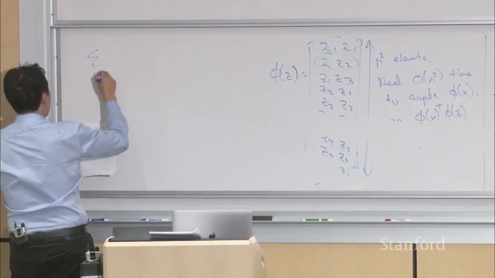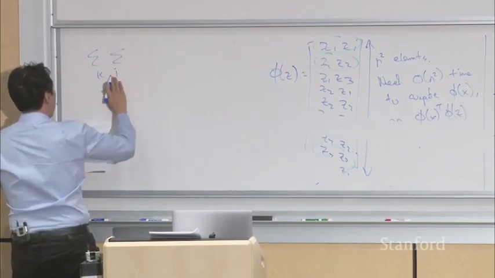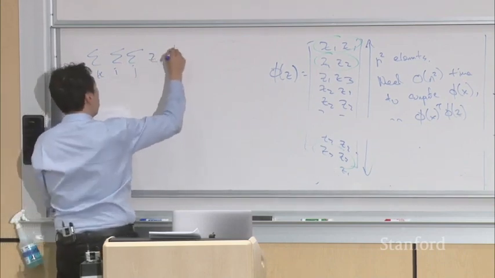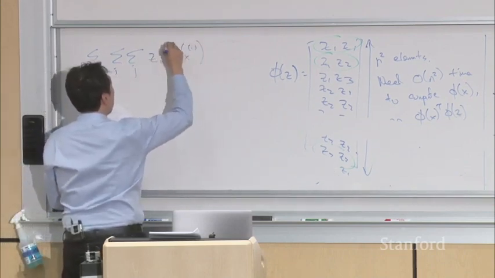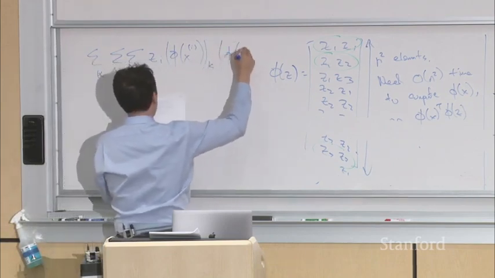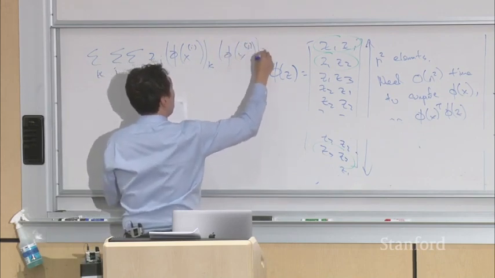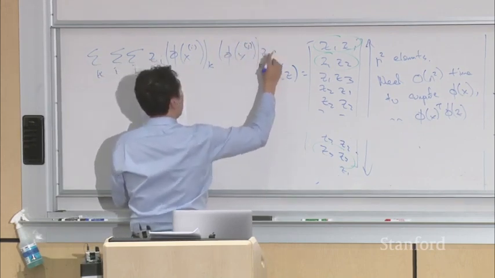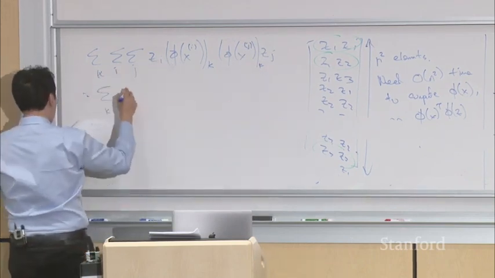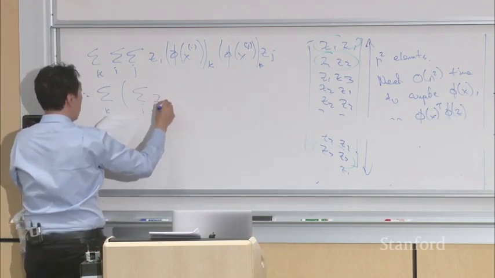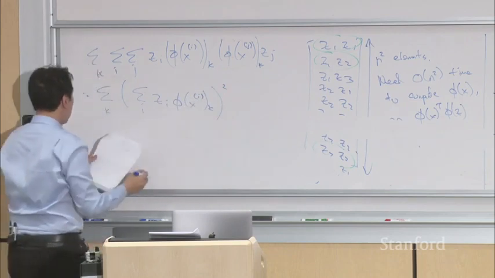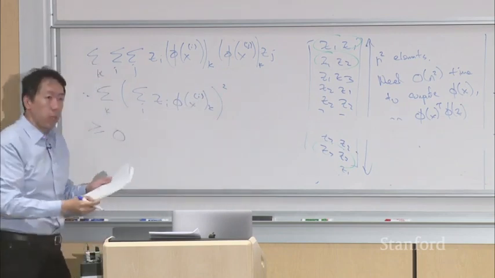So rearrange sums: sum over k, sum over i, sum over j, z_i, phi of x_i subscript k, times phi of x_j subscript k, times z_j, which is sum over k squared, and therefore this must be greater than or equal to 0.